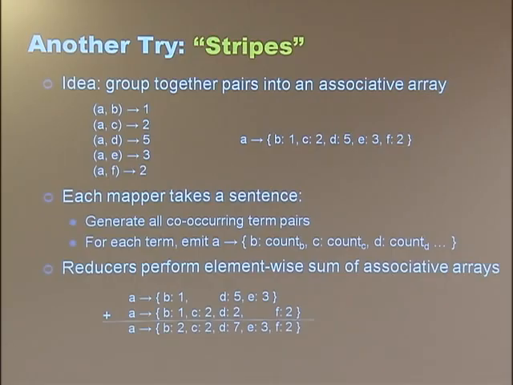In that case, this algorithm is going to completely break, because you're not going to be able to do this element-wise sum if it doesn't fit in memory. It's going to page out, you're going to start swapping, and you're going to kill your performance. So here's a fundamental limitation of this algorithm.